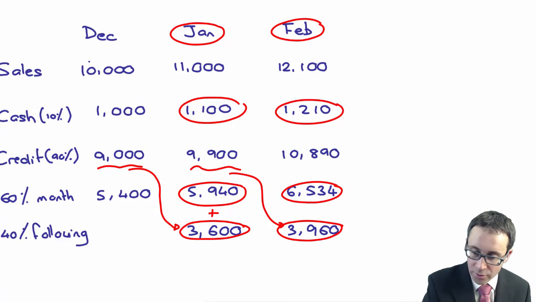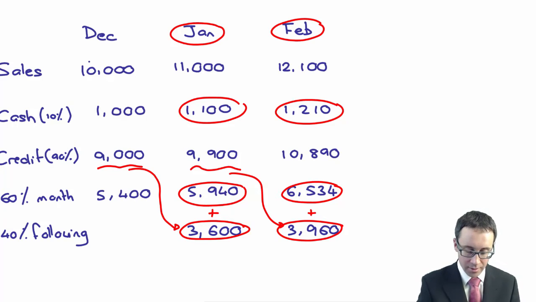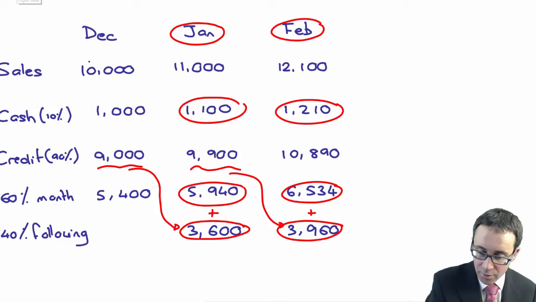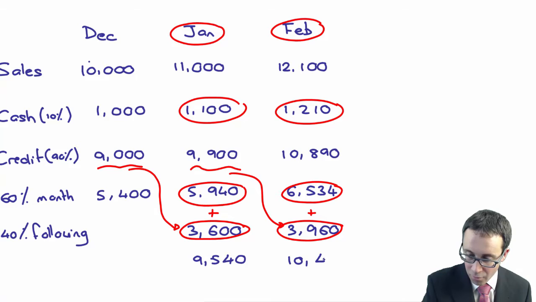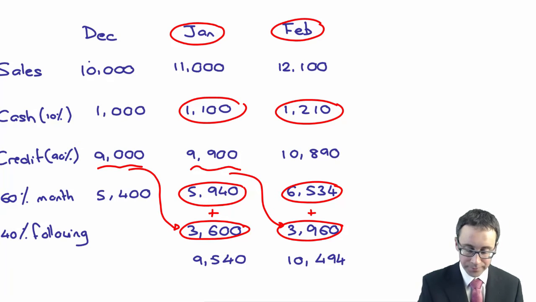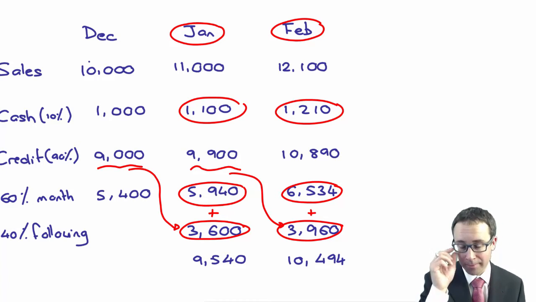So if I add those two together and those two together, does that give me in January, is it 9,540? And is it 10,494? Okay, there we go.